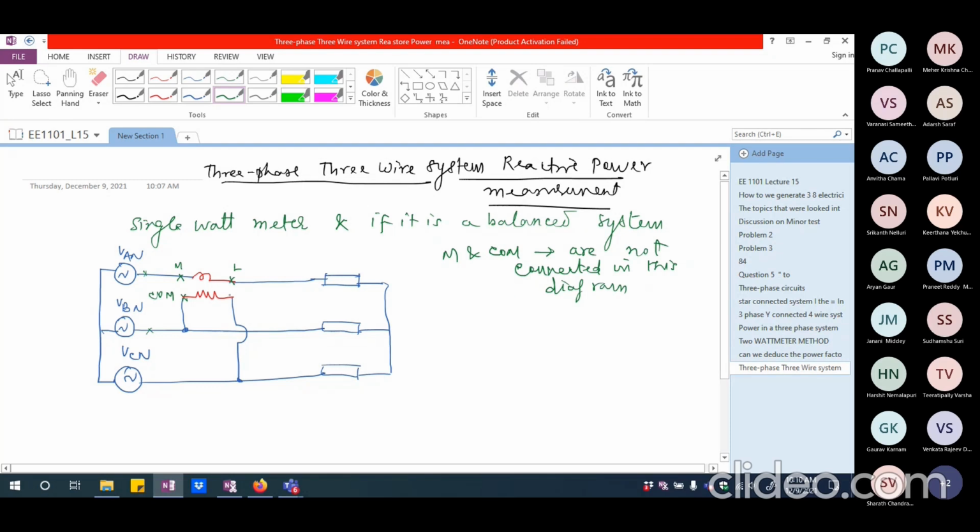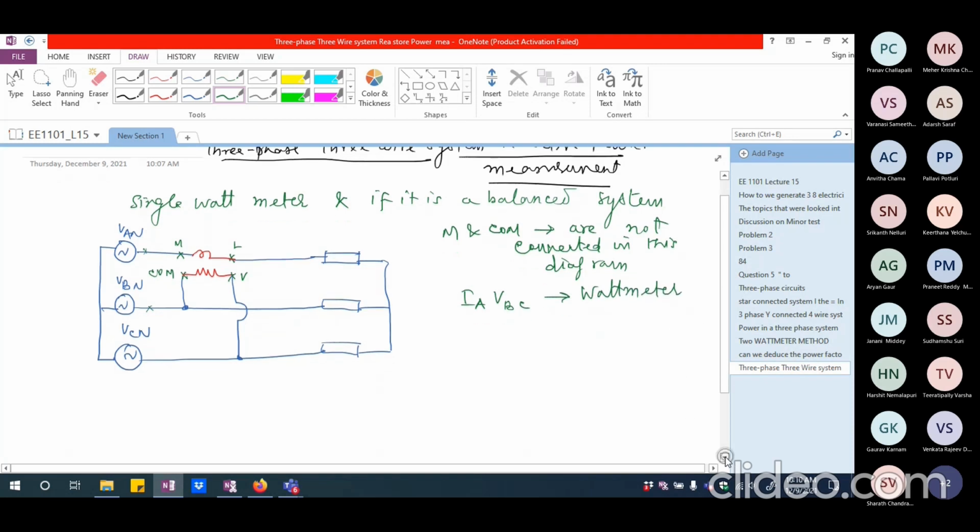This is the other point, V. So I have got on one side IA and I have got VBC. This is what I have given to the wattmeter.